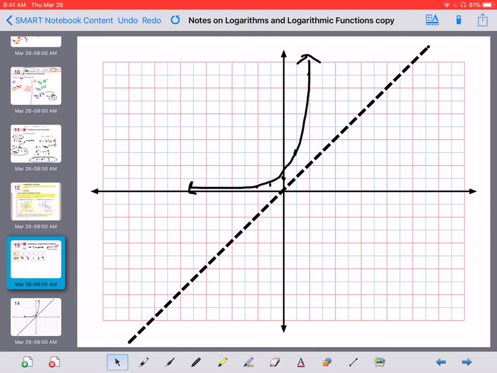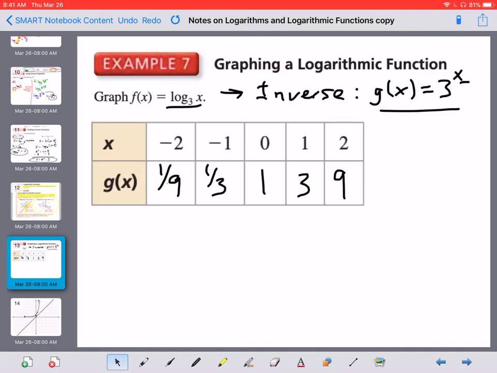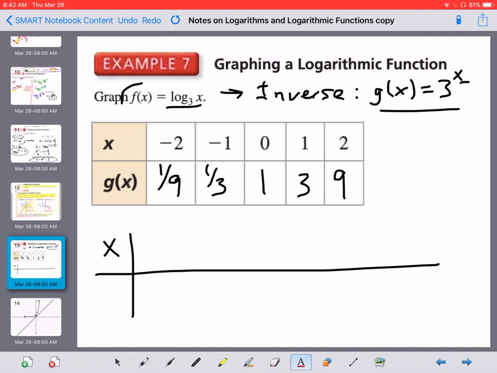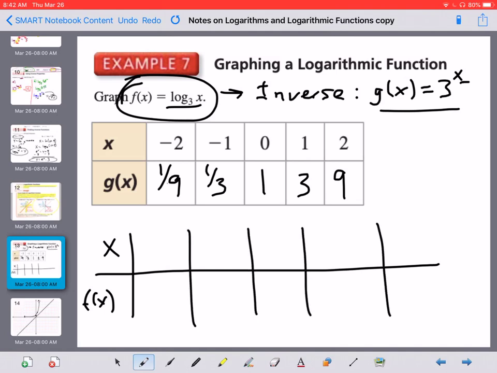So why don't we literally just go ahead and make a function table again. And remember, this is going to be the values for the original function, f of x equals log base 3 of x. And all you do is just switch the x and the y.